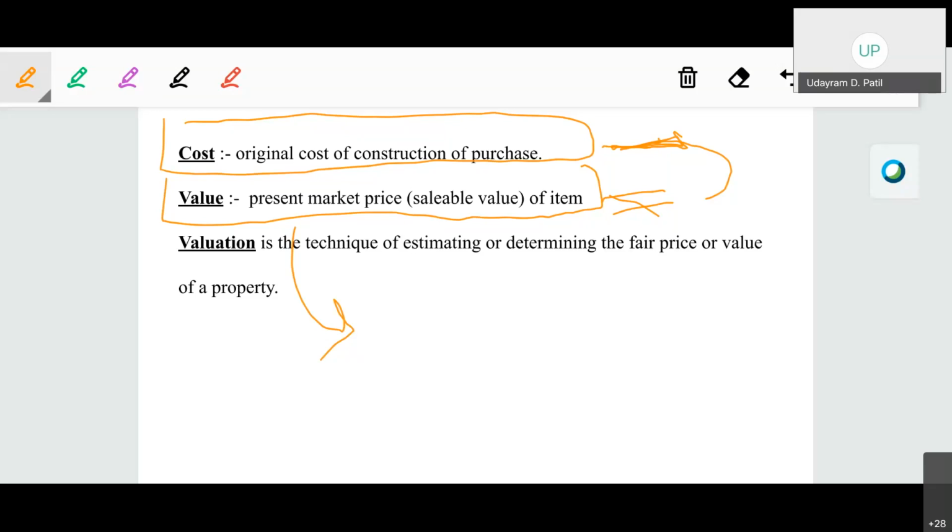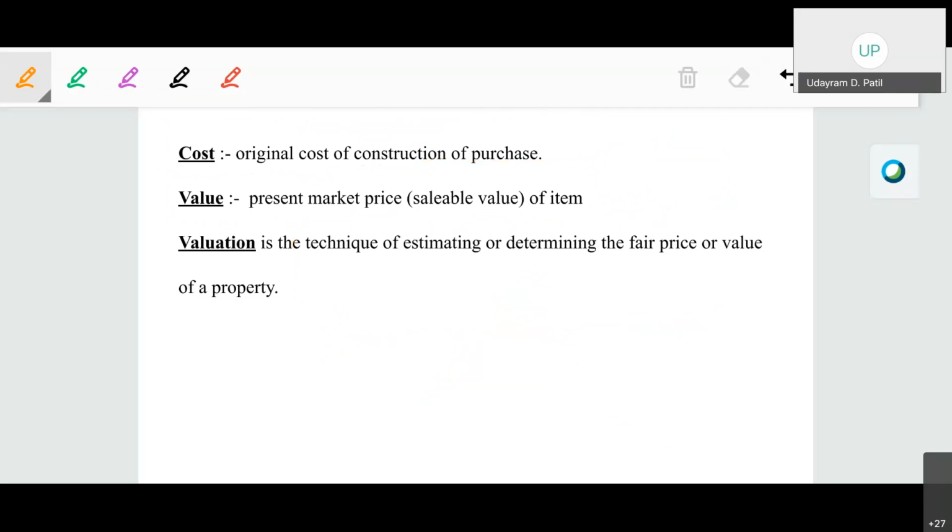So the market value will fluctuate depending upon the current condition of the market or other factors, whereas the cost of the building will remain constant. Therefore the value will fluctuate. Sometimes it might be higher than the cost, sometimes lower, depending upon market fluctuation.